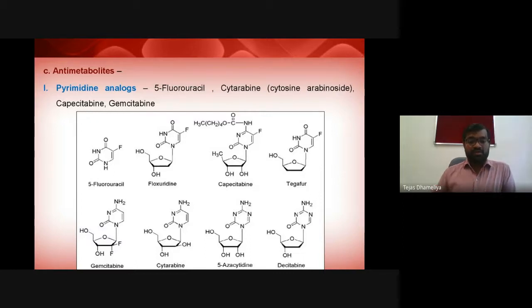So antimetabolites are the agents which are going to interact with the substances, the enzymes, the proteins, and inhibit them. Sometimes they are also termed fraud metabolites.